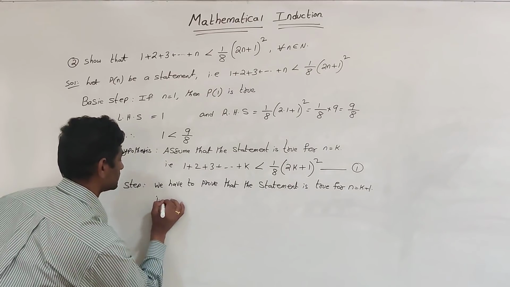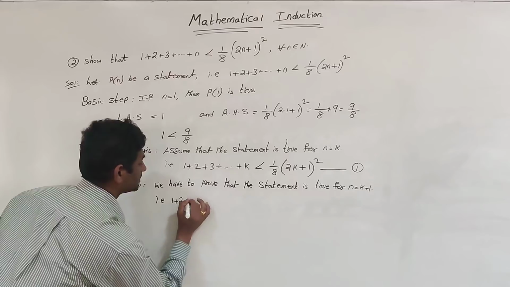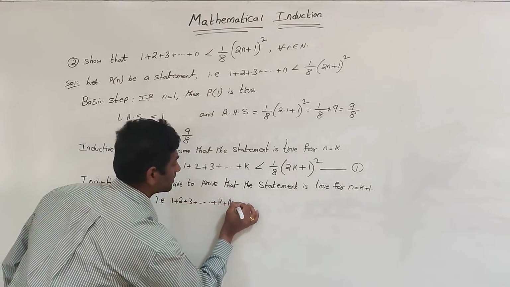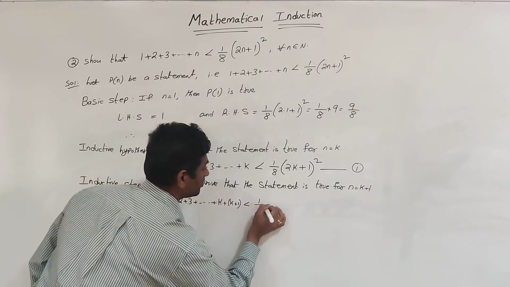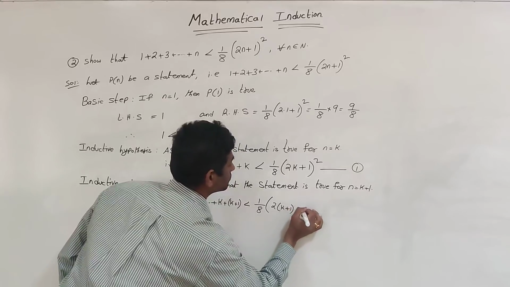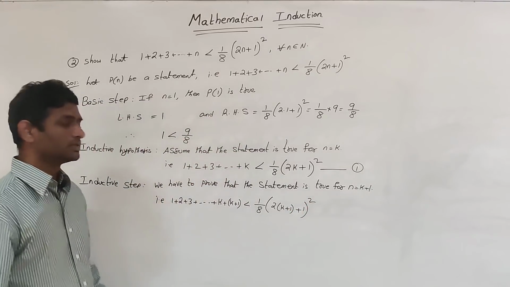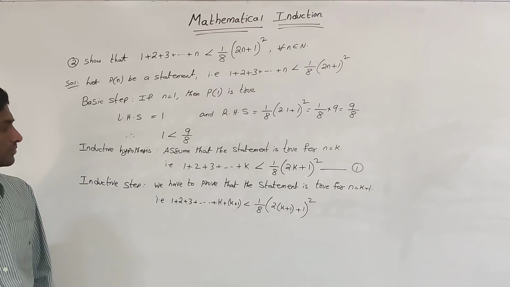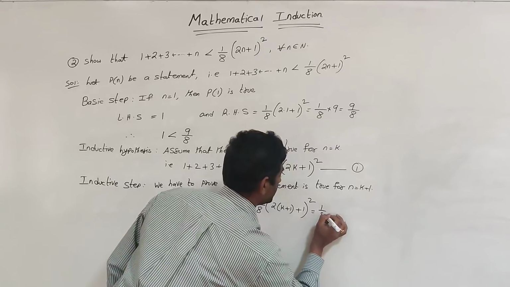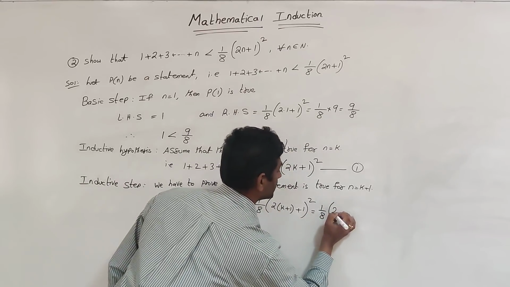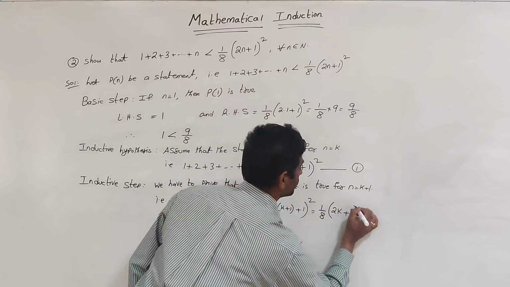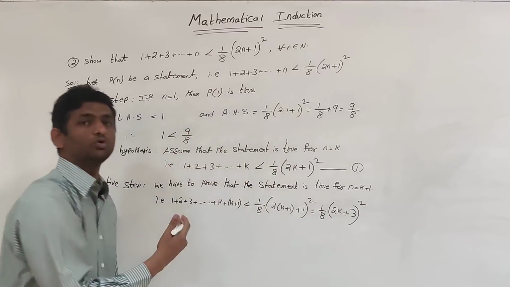That is 1 plus 2 plus 3 plus so on plus k plus 1 is less than, it should be less than 1 by 8 times of (2 times of k plus 1) whole square. That is our proof. Means if we simplify, what happens? 1 by 8 times (2 into k, 2k plus 2 plus 1), that is (2k plus 3) whole square. This we have to prove.